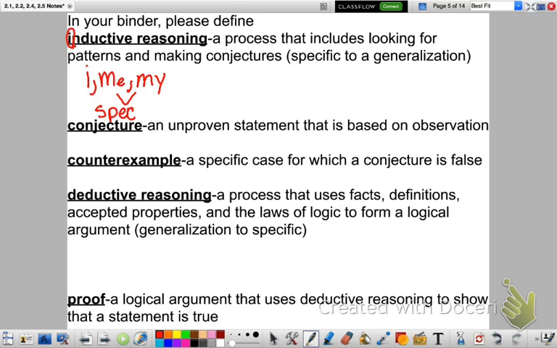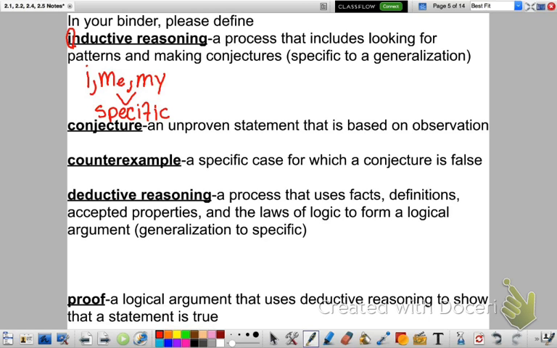So when we talk about inductive reasoning, this type of reasoning starts with a specific case and then goes to a bigger picture, a generalization. I remember this by I, me, my. I am a specific individual, so I start with the specific and go big.